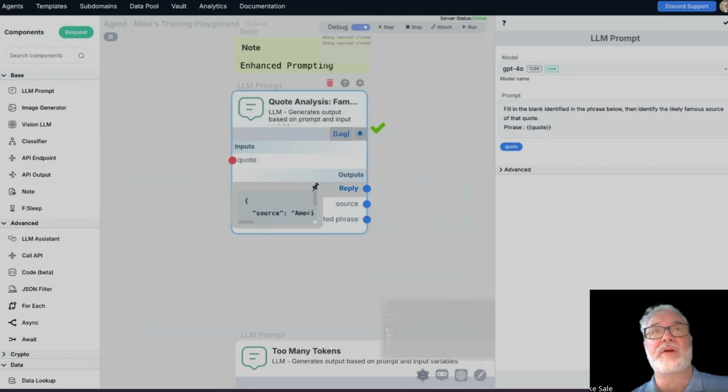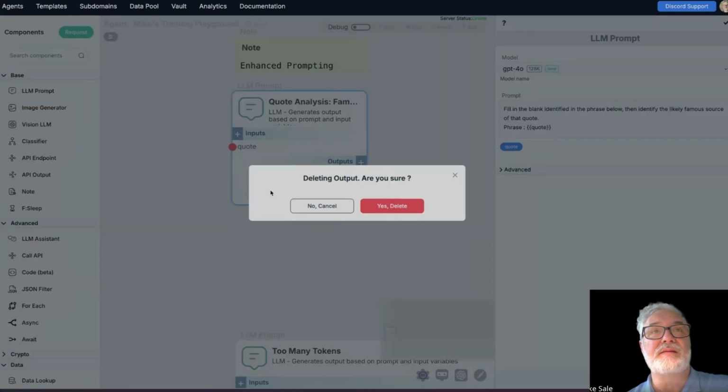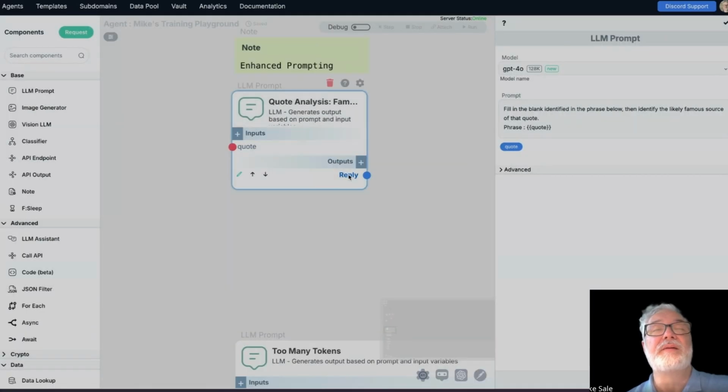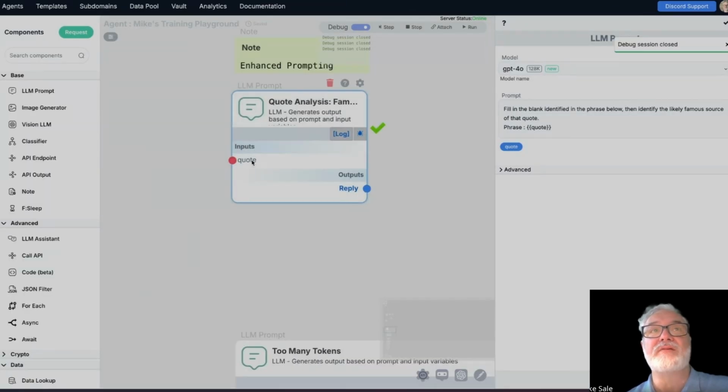What I'm going to do here is, just for the fun of it, close this, delete this, and run this again. So what we have is that input, which is the same input that we had before.